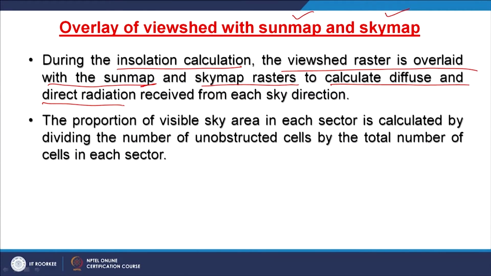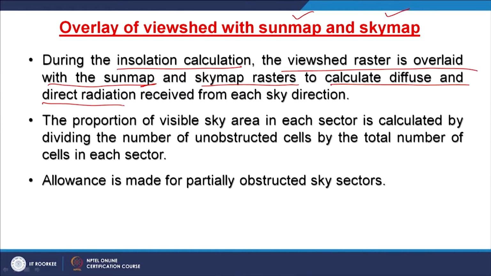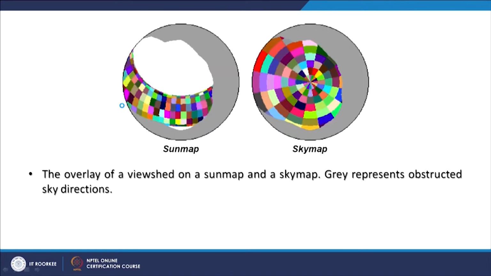The portion of visible sky area in each sector is calculated by dividing the number of unobstructed cells by the total number of cells in each sector. And this will allow us to account for partially obstructed sky sectors.